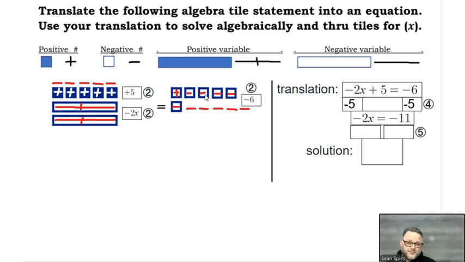Since they're negatives, I'm changing them to positives. So I'm now going to have all of these positives instead of all of those negatives. After I've done that, now I can distribute these evenly amongst 2 groups. And what I find is I have 11 positives to distribute amongst 2 groups.